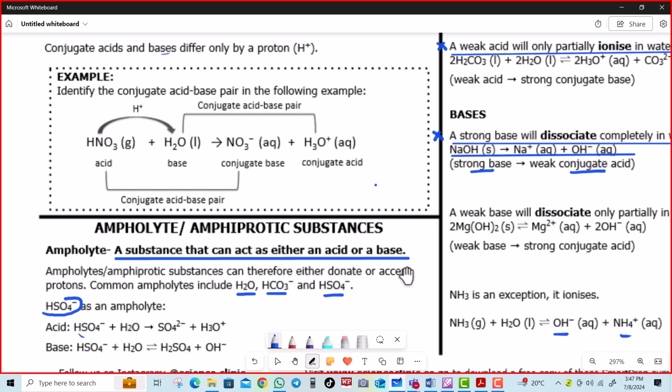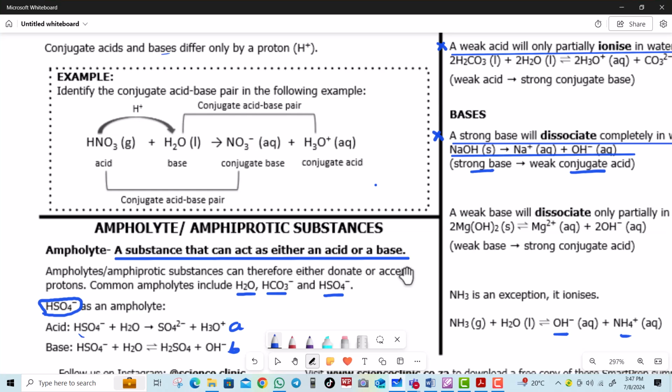Because it can act as a base or an acid. As an acid, after reacting with the water, it donates a proton to remain as SO4 2 minus plus hydronium ion. But here it's accepting a proton from the water to form sulfuric acid plus OH ions, so it's acting as a base. That's why it's called an ampholyte.